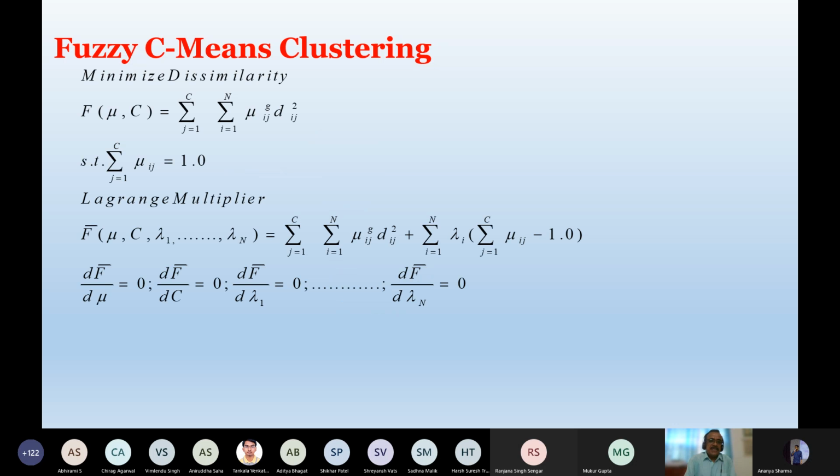You see, summation j equals 1 to c of mu i j is equal to 1.0. So I'll bring this right hand side to the left hand side, and I'll be getting this particular expression. This expression is multiplied by lambda i, where i varies from 1 to n. What is n? n is the number of data points. So this lambda is called the Lagrange coefficient.